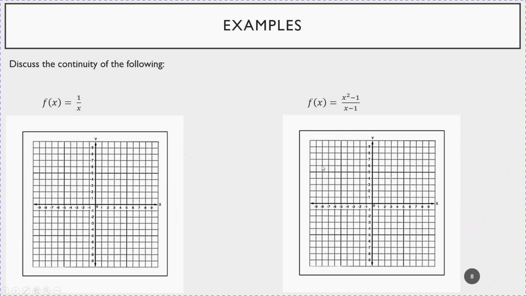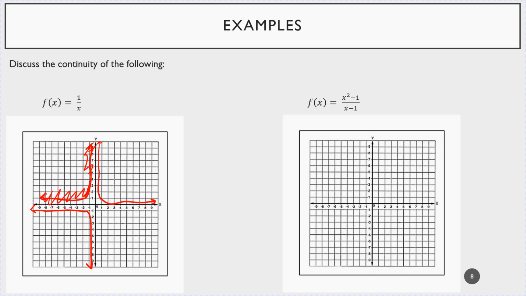Let's discuss the continuity, or in these cases the discontinuity, of these. If you look at the graph of 1 over x, the reciprocal function, it's going to look like this. Oops, I drew this wrong. Sorry, my bad, I just got ahead of myself here. So it looks like this.